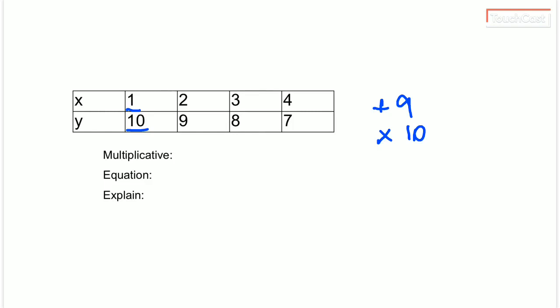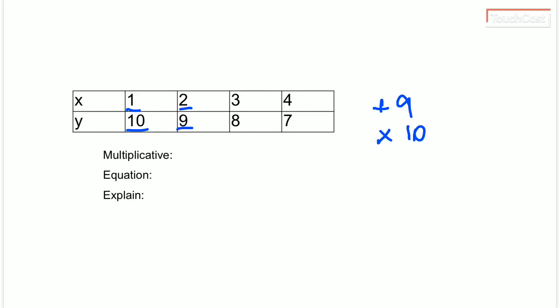Well, if we look at 2 and 9, we find out that if we were to add 9 to 2, we would not get 9, we'd actually get 11. And if we multiplied 2 by 10, we would get 20. Again, not 9. So that means that we have to use some other mathematical operation.